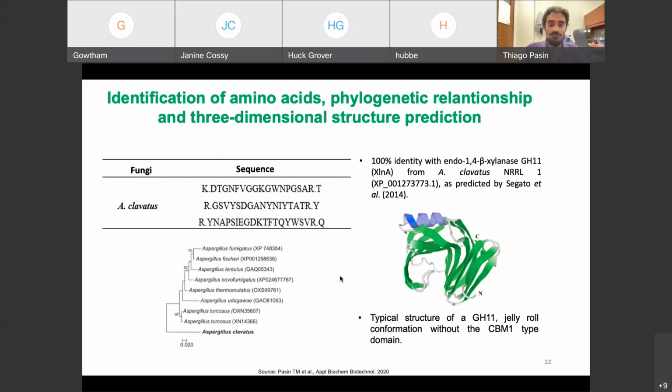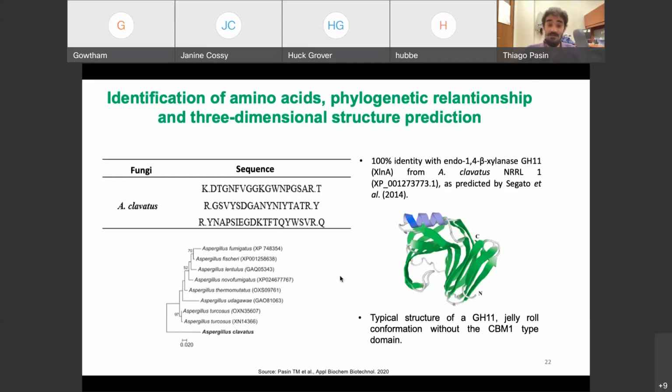Also, we did the three-dimensional structure prediction of this enzyme. As we can see here, it has a typical structure of glycosyl hydrolases 11 with a jelly roll conformation and with no carbohydrate binding module type 1, which is common for glycosyl hydrolases from family 11. And we did the phylogenetic relationship of this xylanase from Aspergillus clavatus, and it was shown that this enzyme has different properties when compared to the other xylanases from other Aspergillus species.